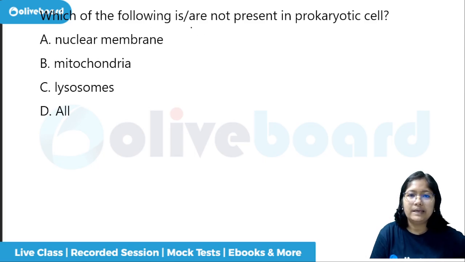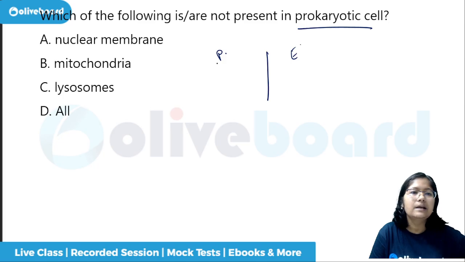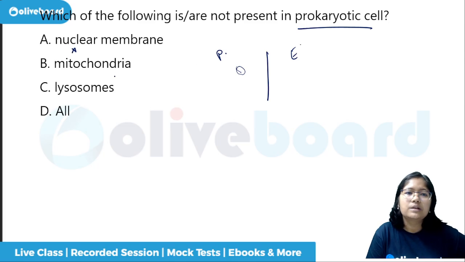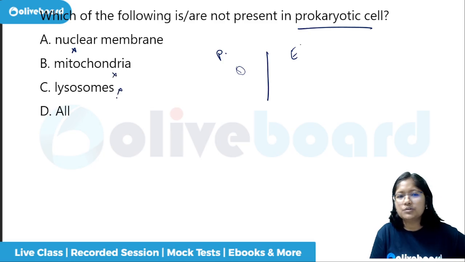Which of the following are not present in prokaryotic cell? So the basic difference between prokaryotic and eukaryotic cell. They do not have a proper nucleus, because although some genetic material is there, the proper nucleus with a nuclear membrane is not there. So other membrane bound organelles will also not be there.